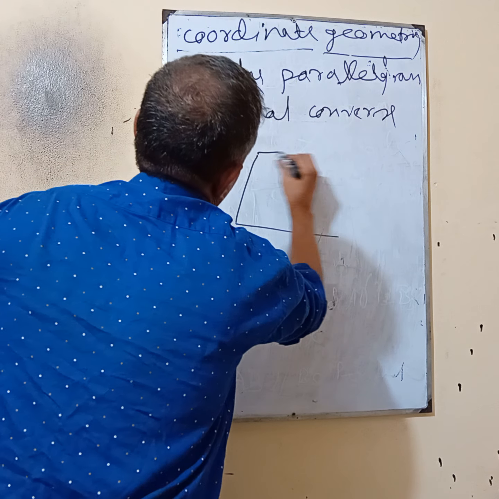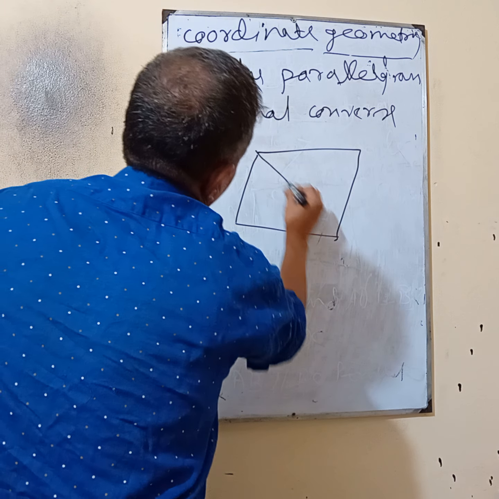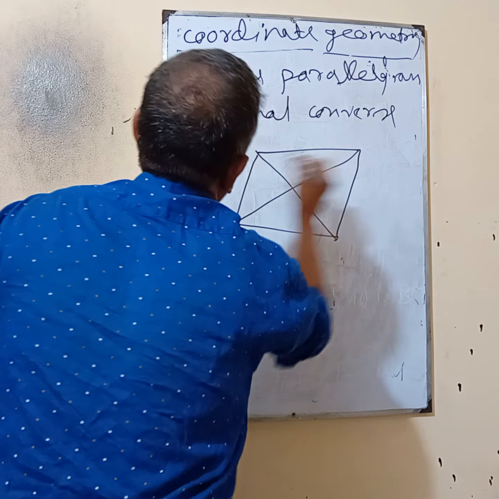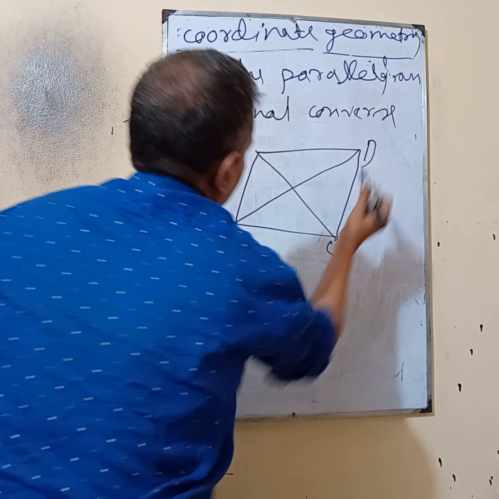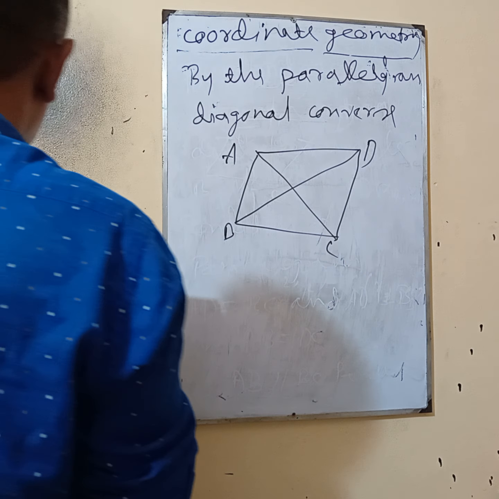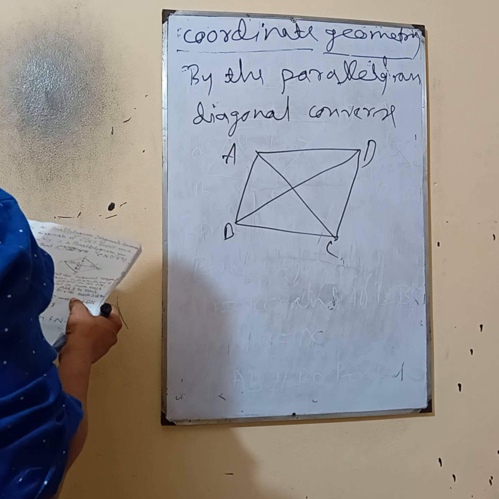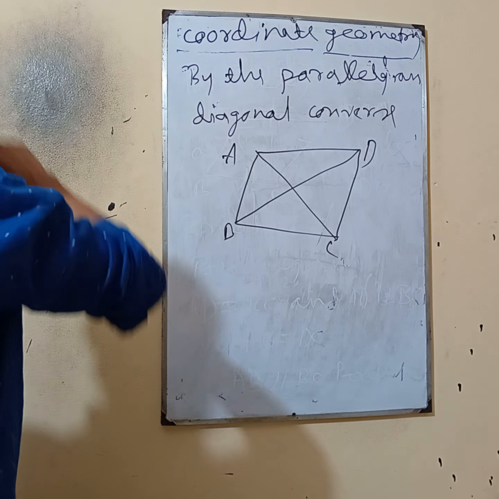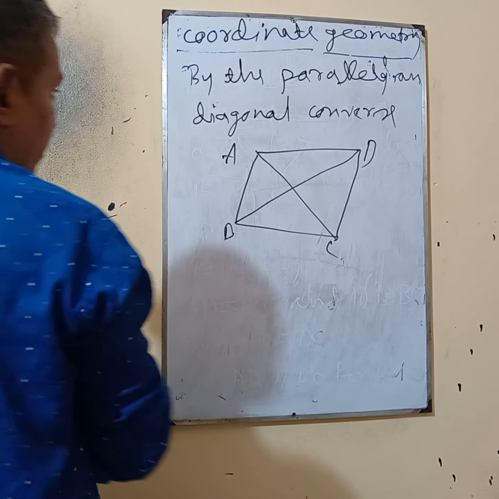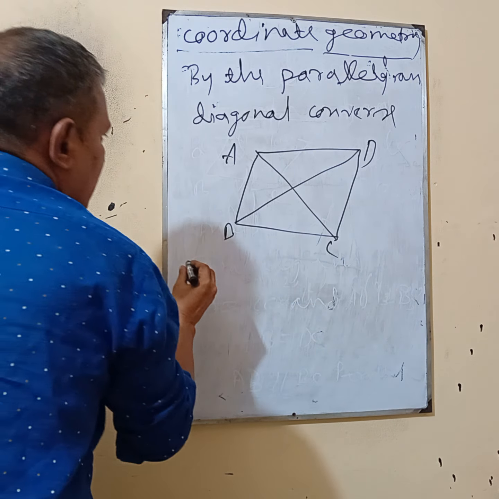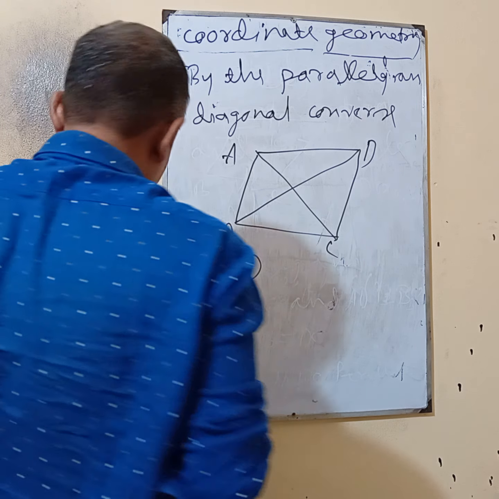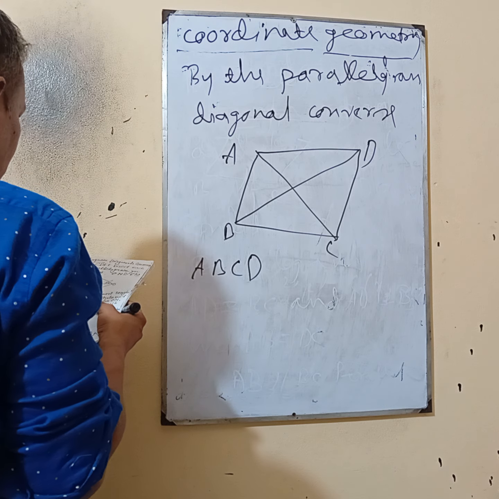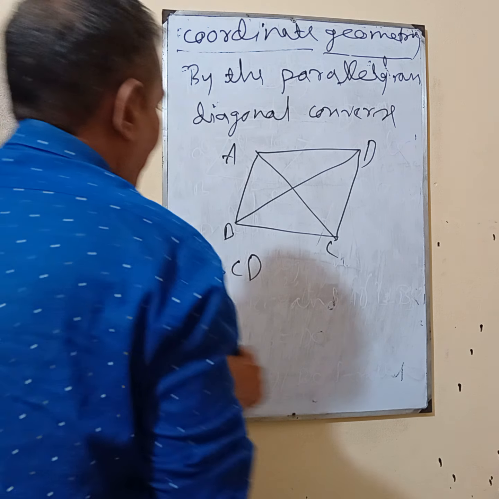Suppose ABCD is a quadrilateral whose diagonals bisect each other.